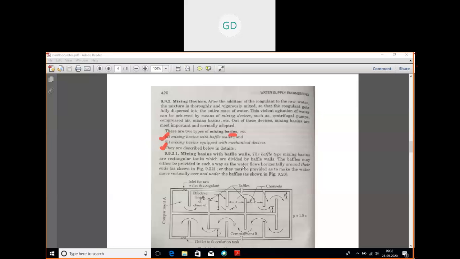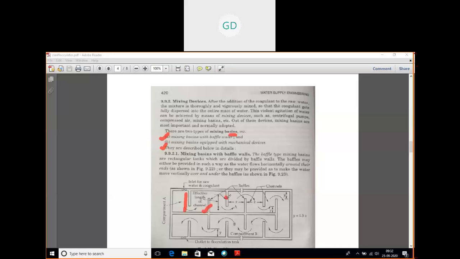So first, let us look at the baffle walls. You can see this diagram. This is a mixing basin, a rectangular tank, where you can see some baffle walls are put.